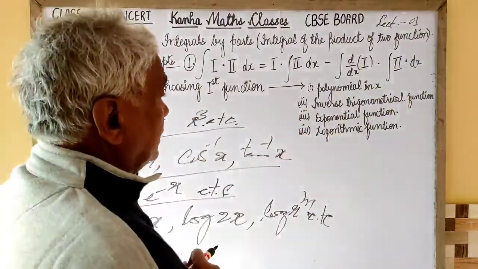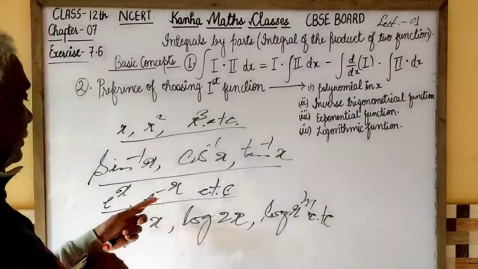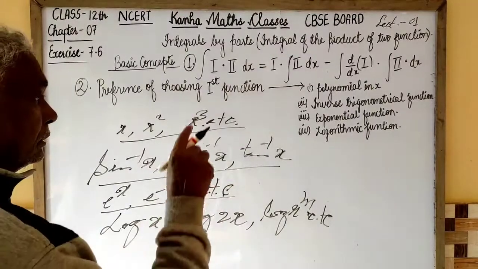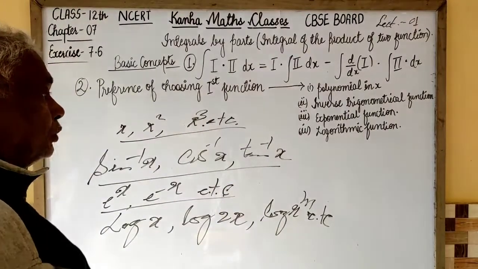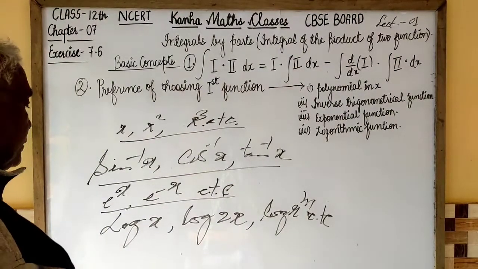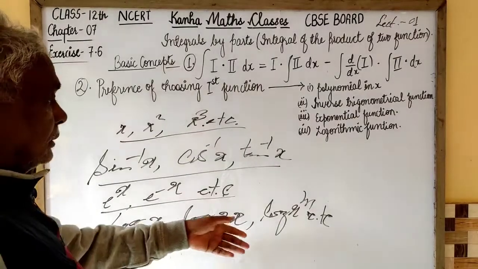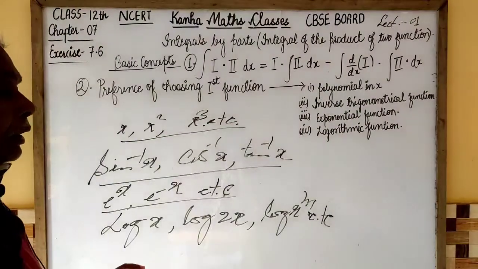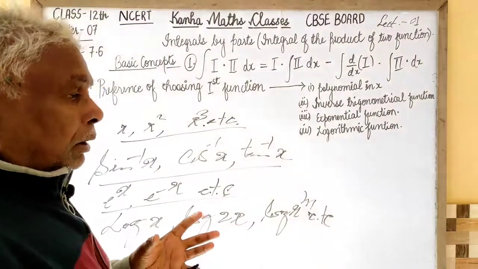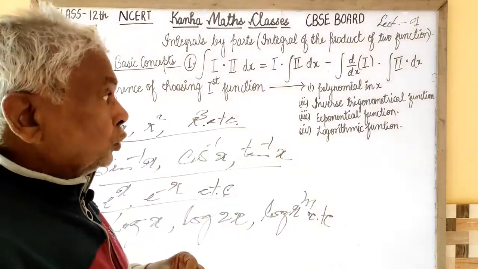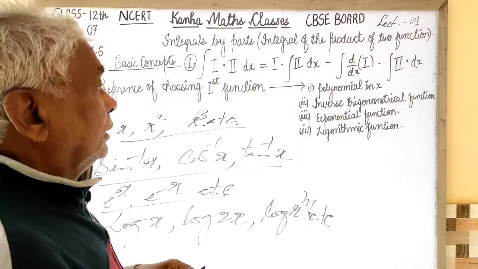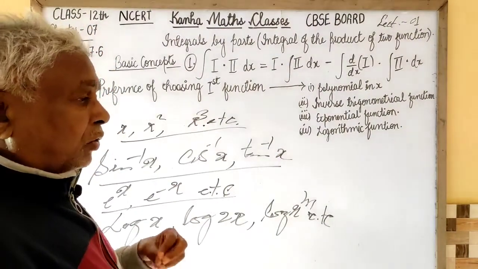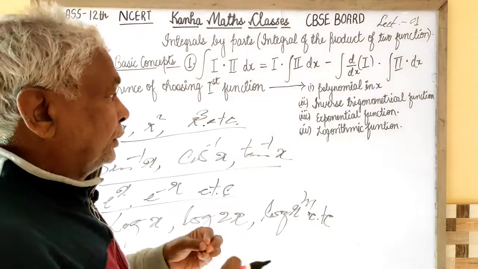Third preference, exponential function: e^x, e^(-x), etc. And the fourth preference is log x, log 2x, log x^m, etc. Now, if you successfully choose the first function, the trial of the integral becomes easier and easier.